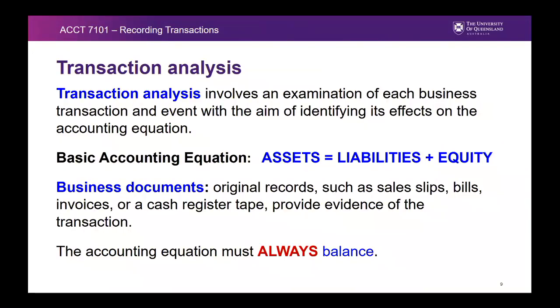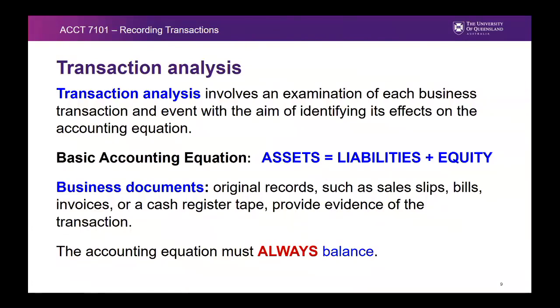And there are a few examples there of various business documents. So one of the other issues, just to help us, is that when there's a transaction, there's often some evidence of the transaction. There'll be an invoice, a receipt, or there'll be some electronic record, and so that helps us, of course, for maintaining our records and being able to verify transactions.